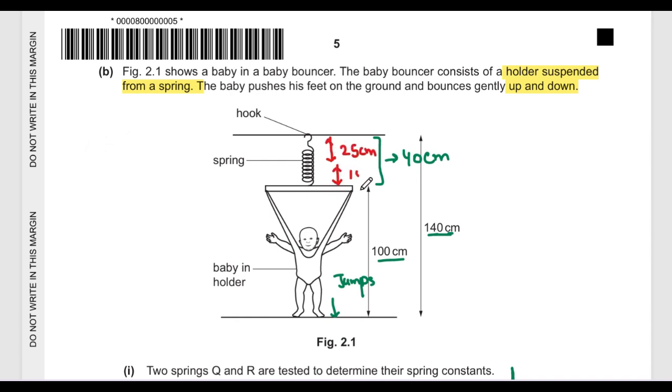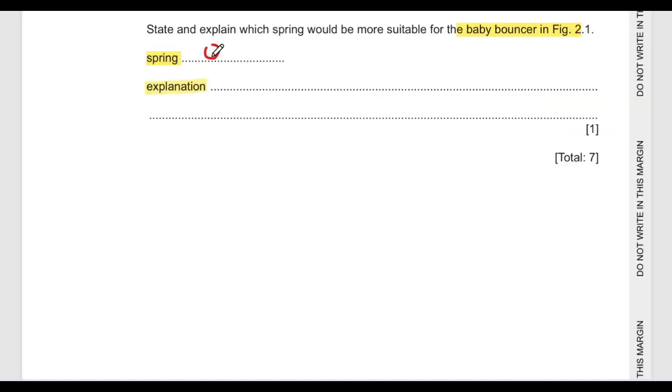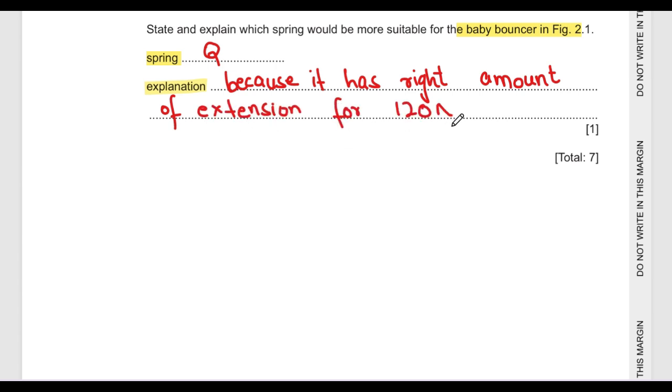So we have only an area of 15 centimeter that is suitable, because if this length extends, the baby's feet and the whole leg would touch the ground. So the Q spring is more suitable because it has only the extension of 15. So it has the right amount of extension for 120 newtons of weight.